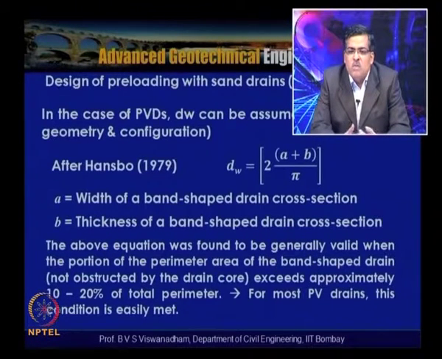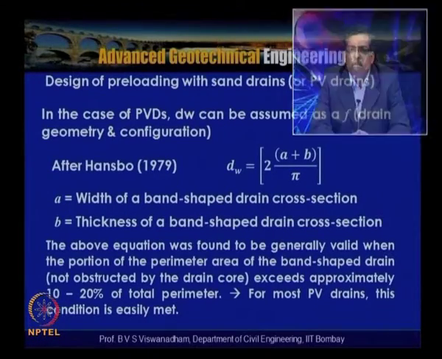The above equation was found to be generally valid when the portion of the perimeter of the band shaped drain not obstructed by the drain core exceeds approximately 10 to 20% of the total perimeter. For most of the PV drains this condition is easily met.